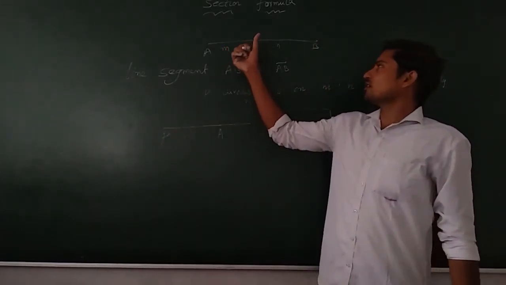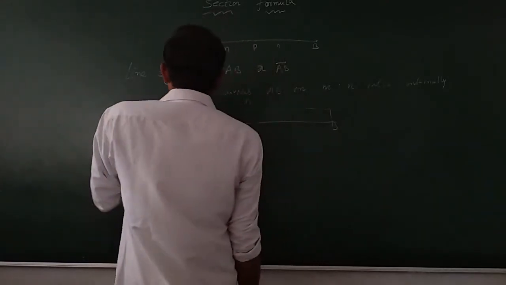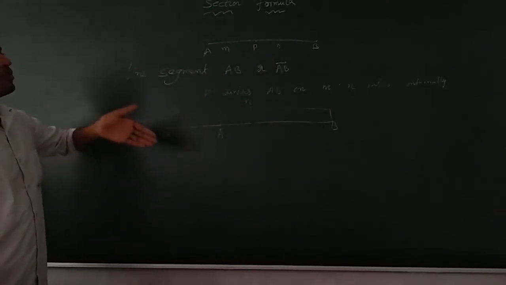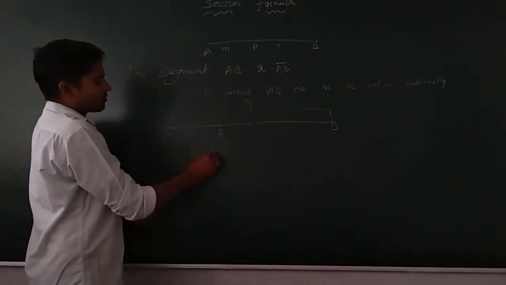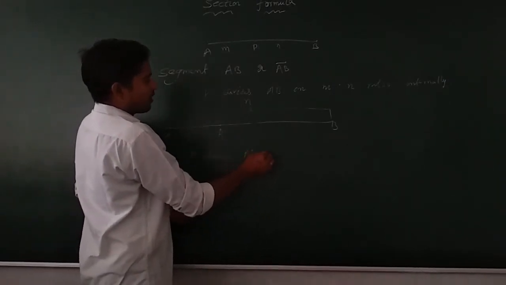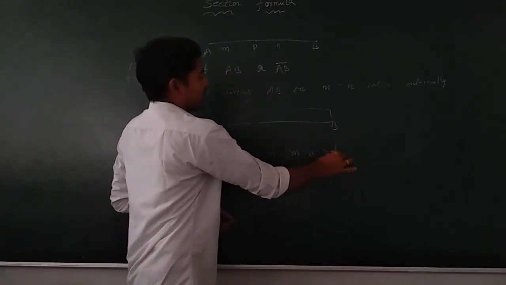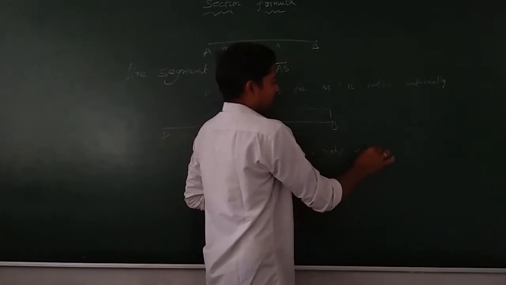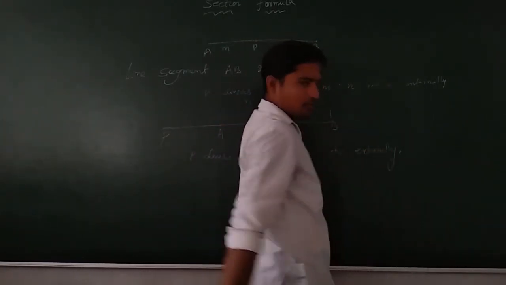Before, P was the interior point of AB. Now here P divides AB in M is to N ratio externally, right?